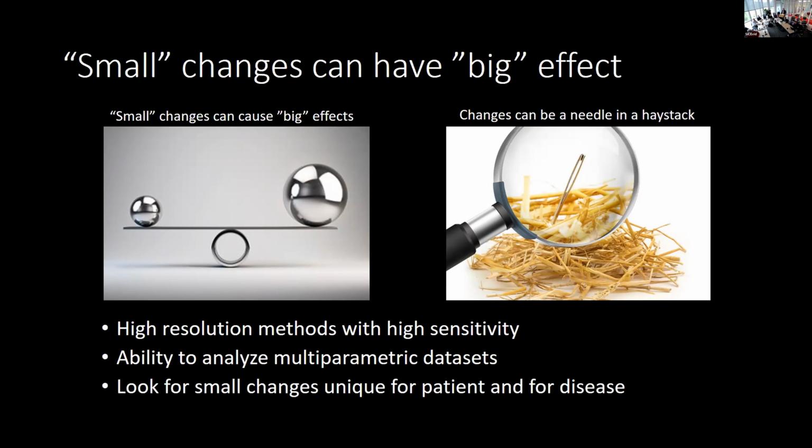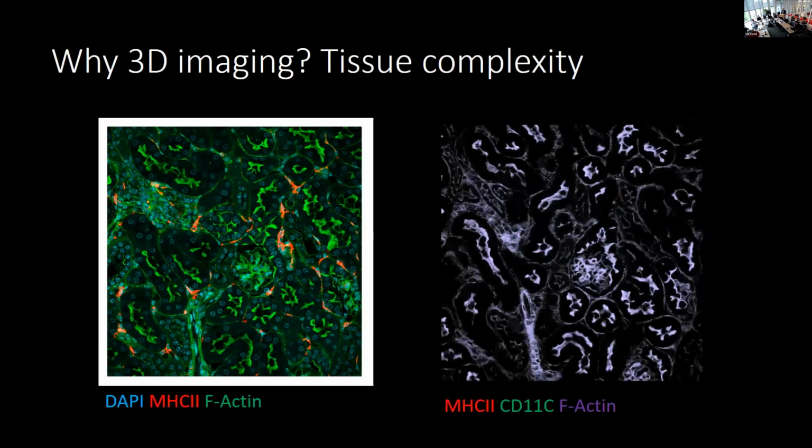And because we don't know what those needles are going to be, we'll need to operate on multi-parametric data sets and have the ability to analyze and interact with those more complex data. The last point is that we'll be looking for what we think will be small changes that are unique for a given patient and for a given disease.